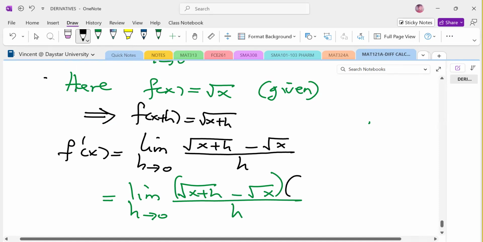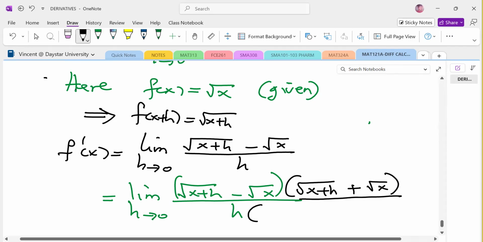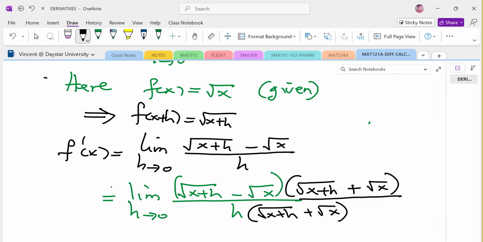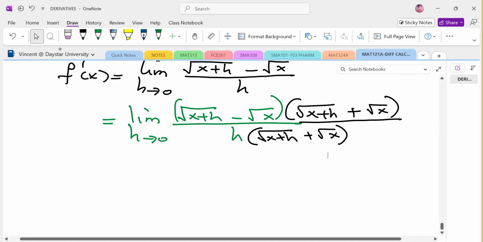So we'll have into root x plus h, then you change this minus to plus root x. Then you do the same thing to the denominator, root x plus h plus root x. So that's what we have.